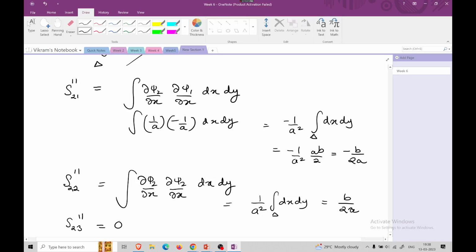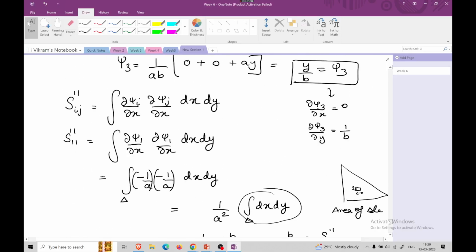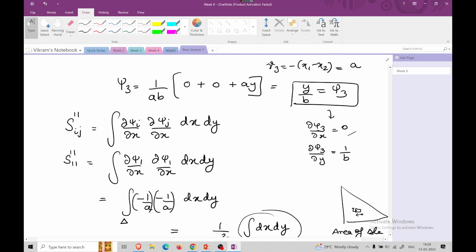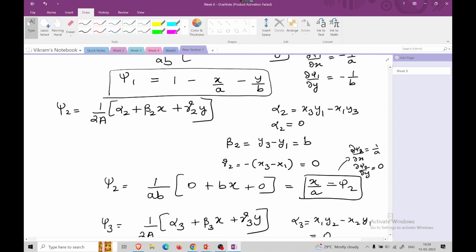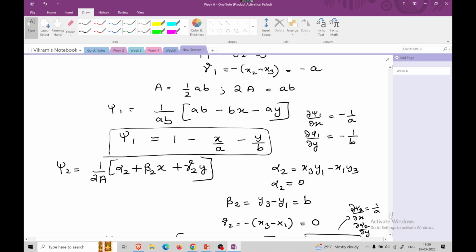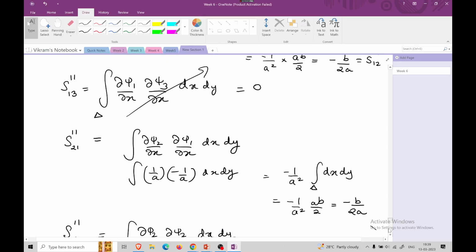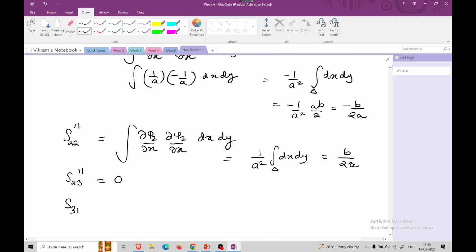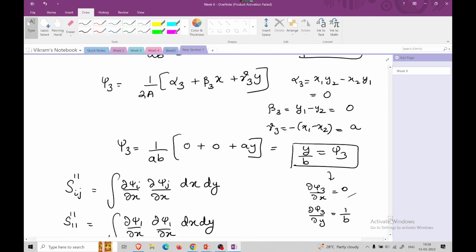S23 will be 0 because dou psi 3 by dou x will be coming in the term, but dou psi 3 by dou x we have seen is 0. Similarly, S31 will also be 0 because this also involves dou psi 3 by dou x, and S32 will also be 0. S33 will also be 0. So why these are 0 means this will involve dou psi 3 by dou x. So any term involving dou psi 3 by dou x will automatically become 0.